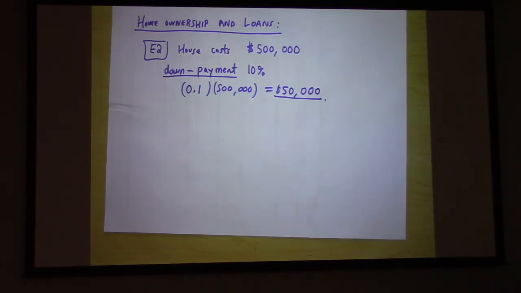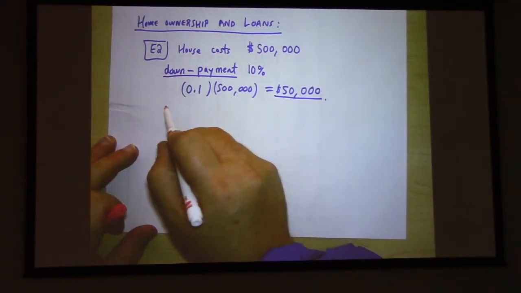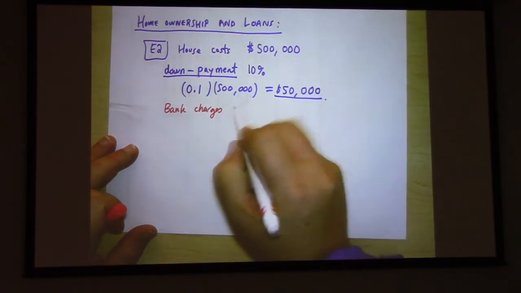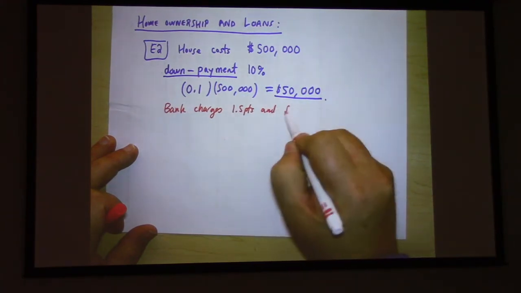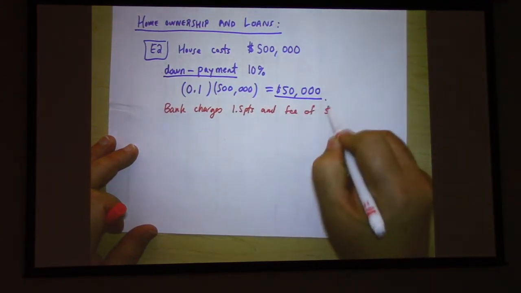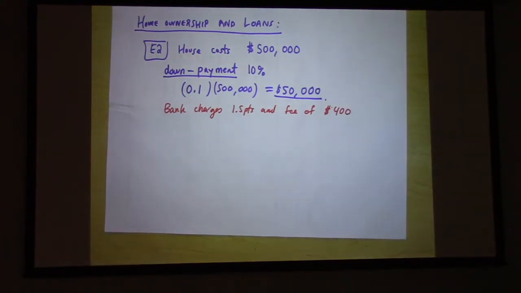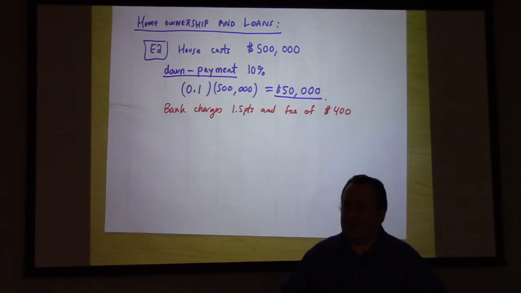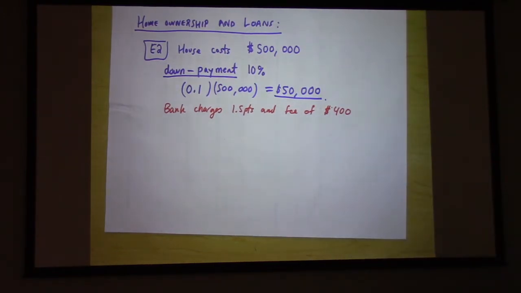For this example, let's suppose the bank charges 1.5 points and a fee of $400, just for the sake of discussion. How much additional cost is that? This is money that has to be paid at what's called the closing, when you sign the papers to buy the house.